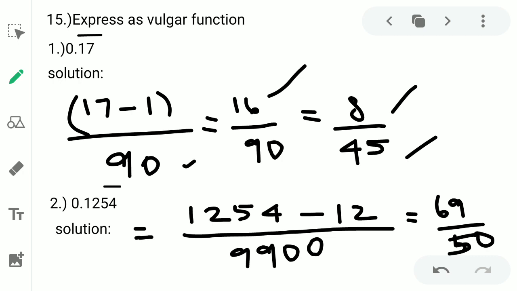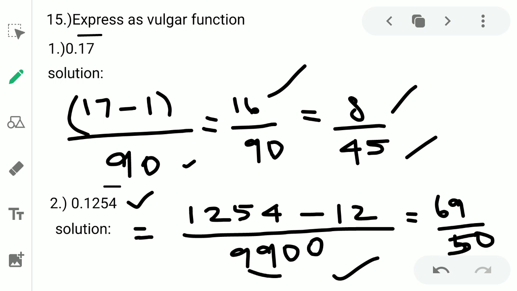0.1254. After the decimal point, you will get 4 numbers: 1, 2, 5, 4. I am subtracting 12, which is after the decimal point, and in the first question also I am subtracting what is after the decimal point. Divided by 99, since the recurring digit is 54 and it is continuous.